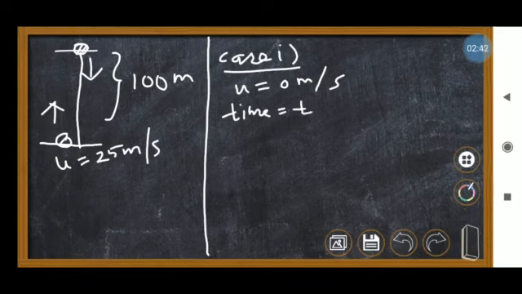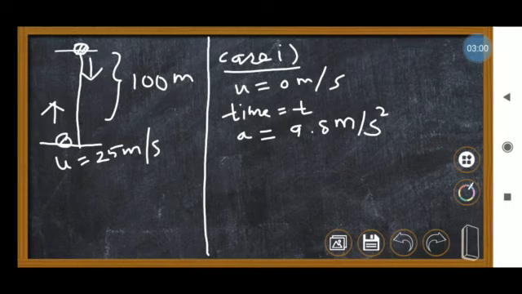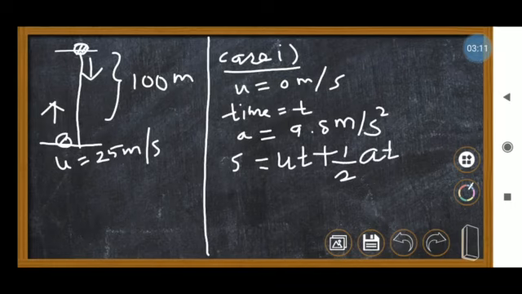When you are dropping any object, what is your acceleration value? When it is coming downwards it is positive, that means 9.8 meter per second square. What is the formula? We can relate it with the height. We consider the equation s equal to ut plus 1 by 2 a t square.